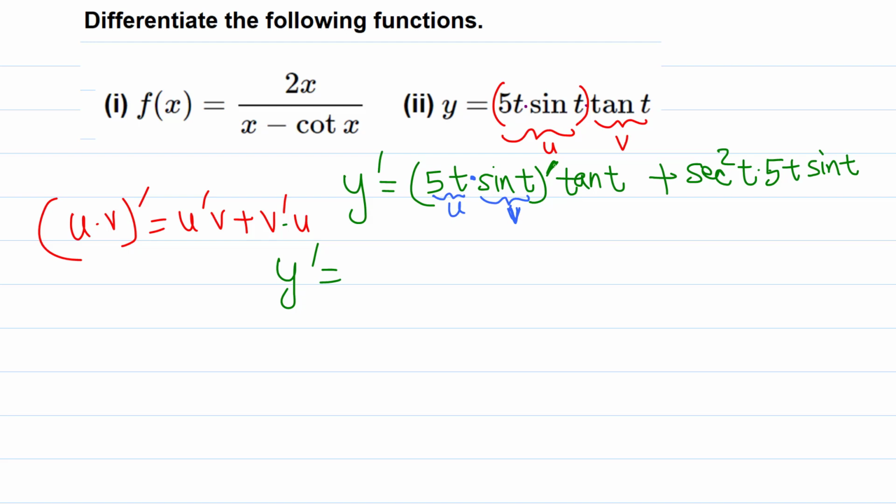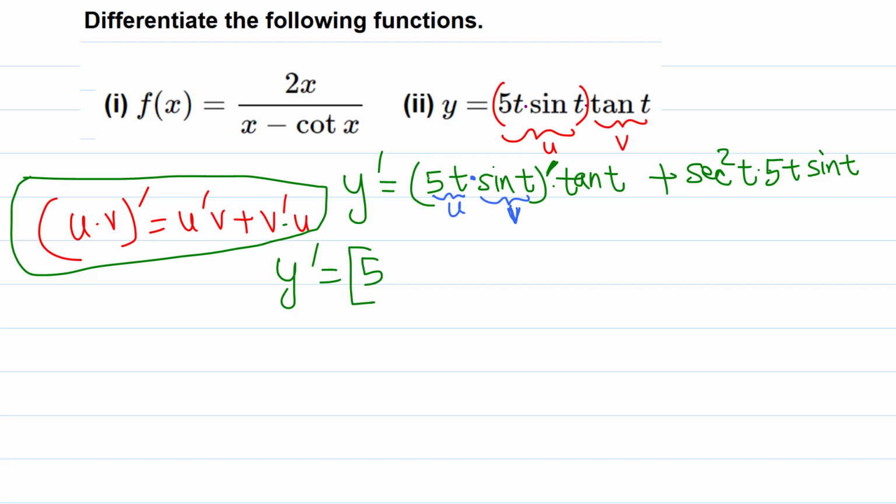just for this factor. So using the same product rule, and that's the only product rule, we get the derivative of u prime. The derivative of 5t is 5, and this one times tangent. So I'm going to put brackets or parentheses: u prime v, sine t, plus v prime.